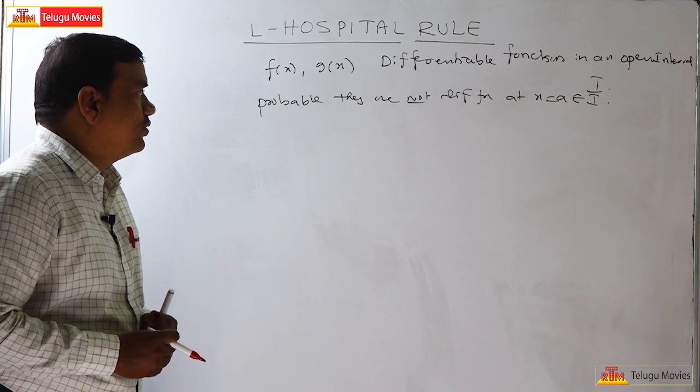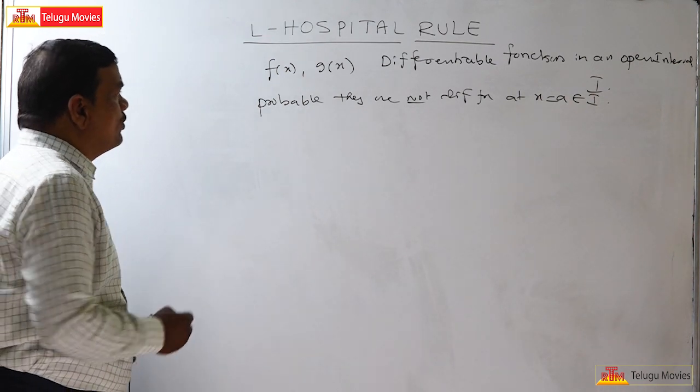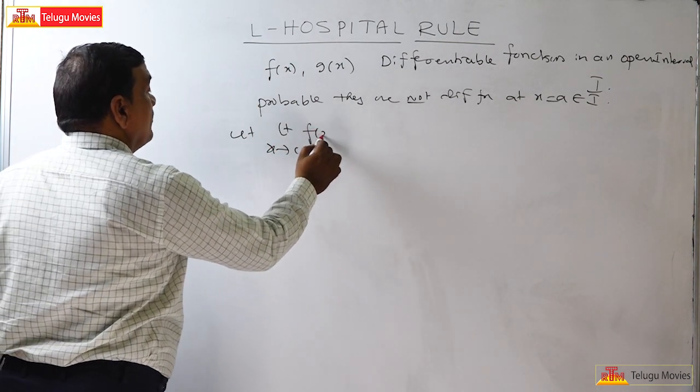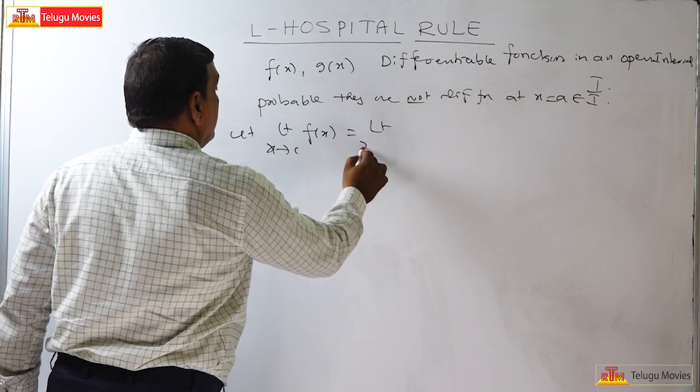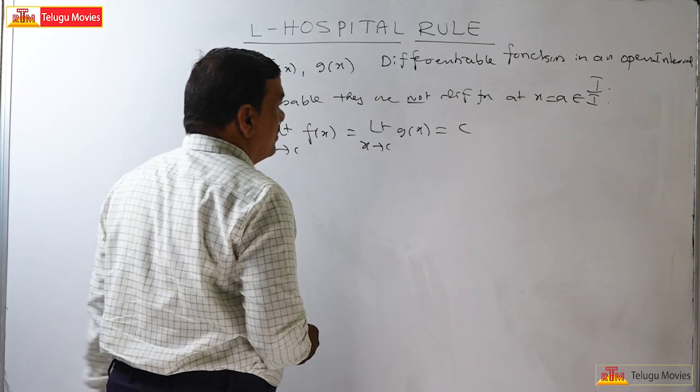Now let us suppose that the limit as x tends to c of f of x equals the limit as x tends to c of g of x.